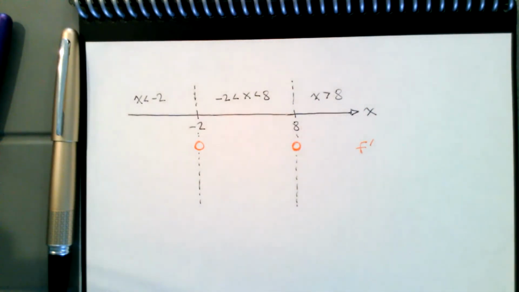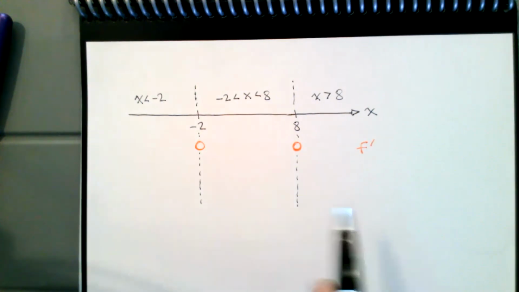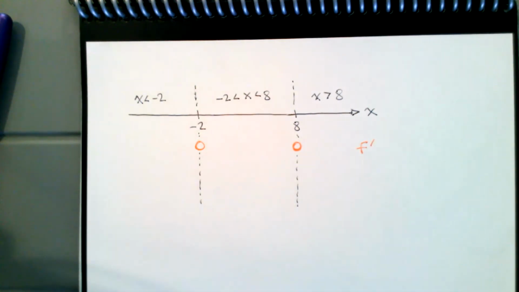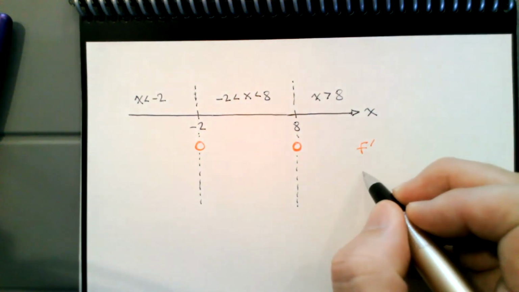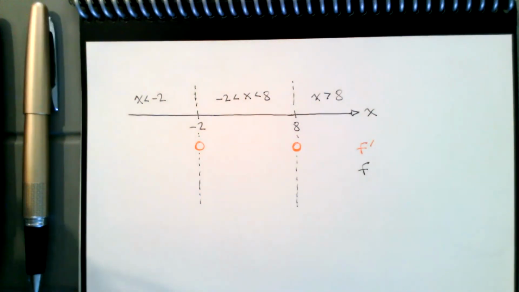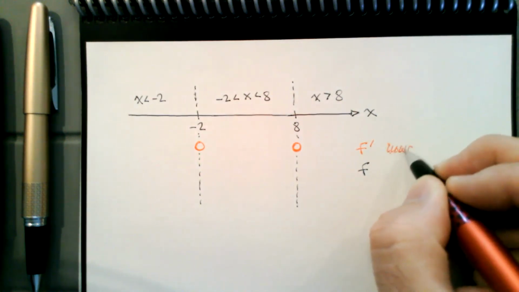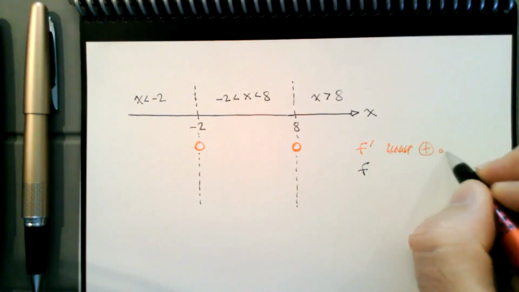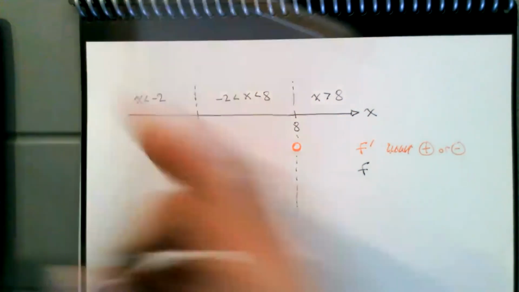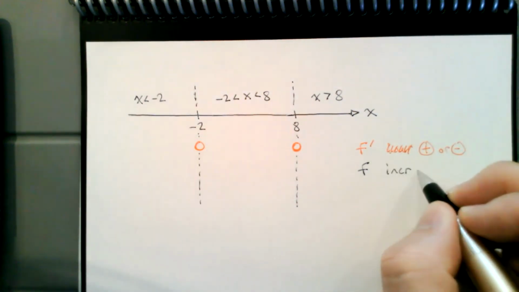F prime is equal to 0 at -2 and 8, so it has to be all positive or all negative in between those values or outside of those values. And once we figure out what F prime is doing in these three intervals, we can use that to figure out what F is doing. So for each of these three intervals, we want to determine if F prime is positive or negative, so that we can determine if F is increasing or decreasing.